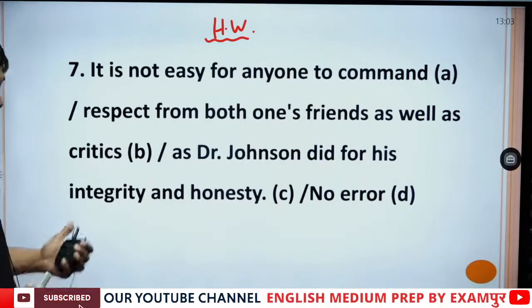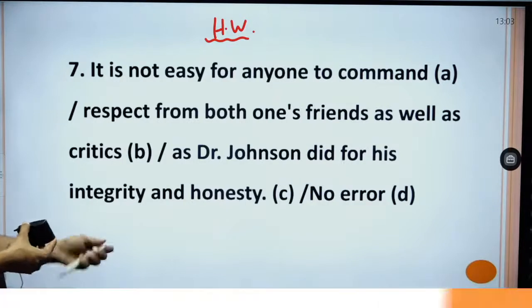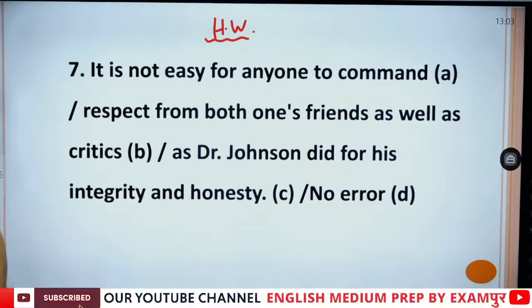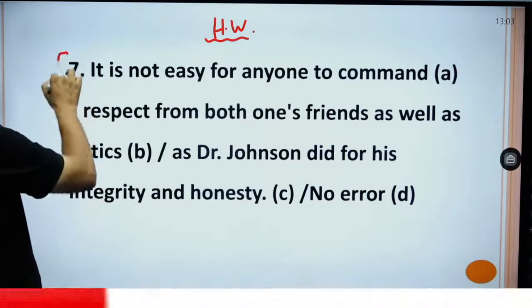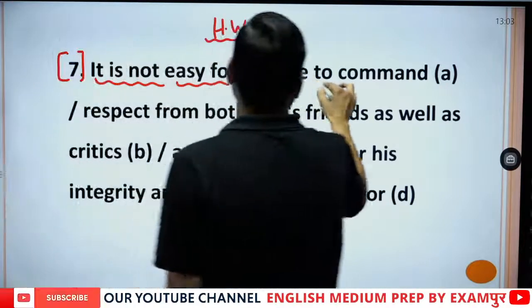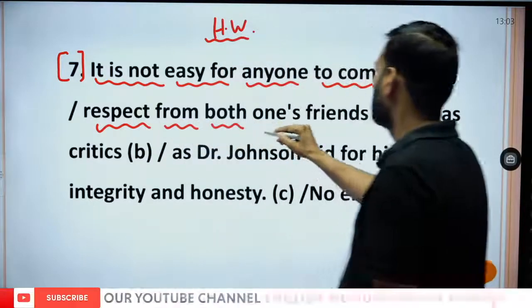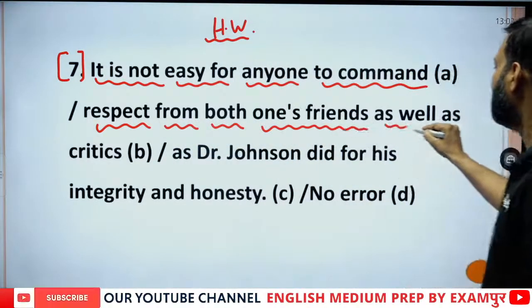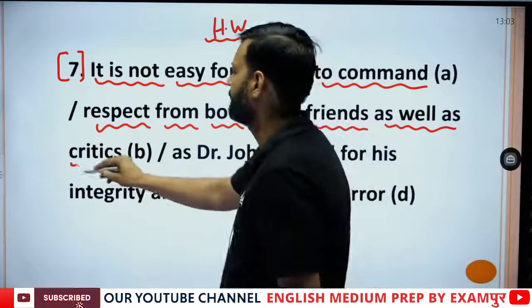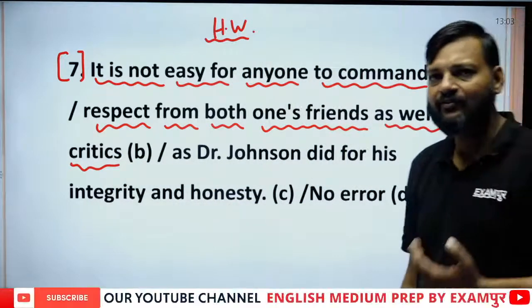So the question is: it is not easy for anyone to command respect from both one's friends as well as critics as Dr. Johnson did for his integrity and honesty. Here we have a question. What is the error in this sentence?